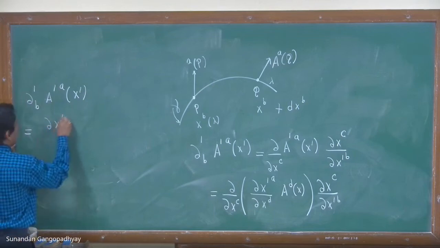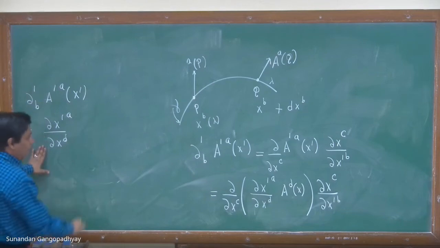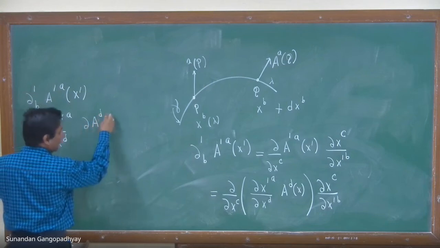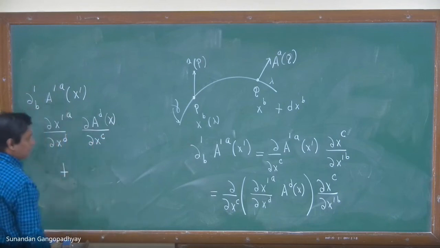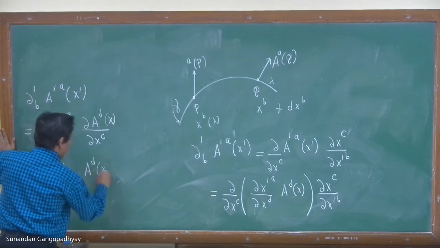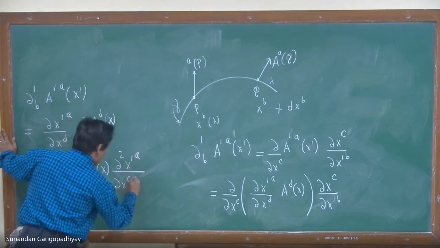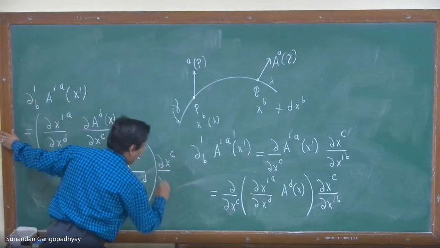The first is del x prime... del x^d over del x prime^a, then del_d A_c, plus the second term, A_c times the second derivative of x^d with respect to x prime, and you have del x^c over del x prime^b.